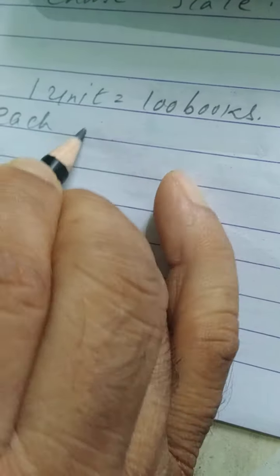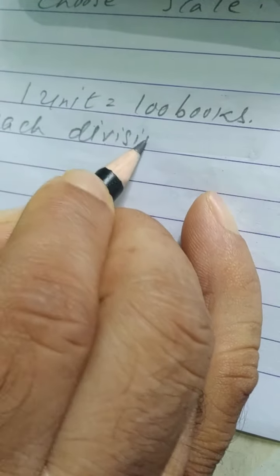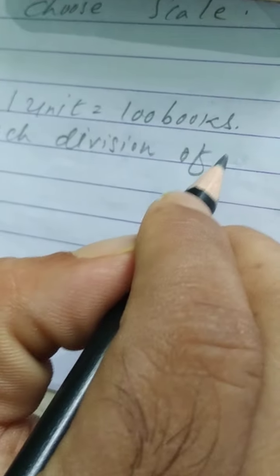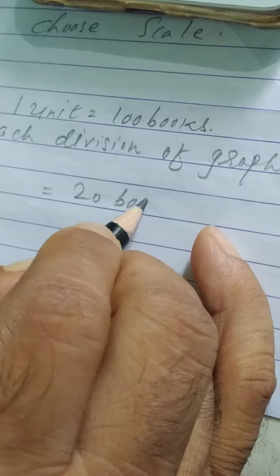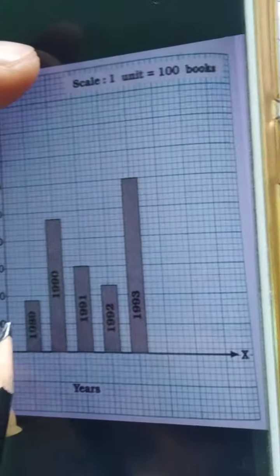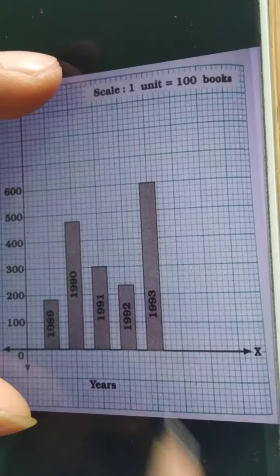It means each division of the graph contains how many books? 20 books, right? Now let's see 1989. 100, and then after there are 4 divisions: 1, 2, 3, 4. So 100 plus 80, right?